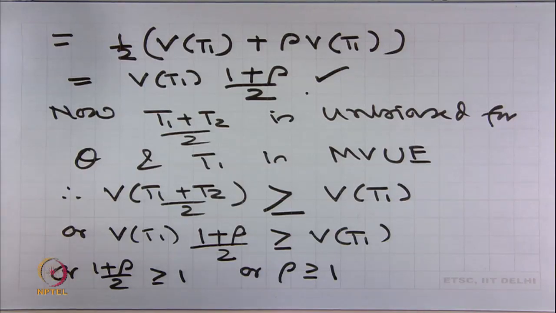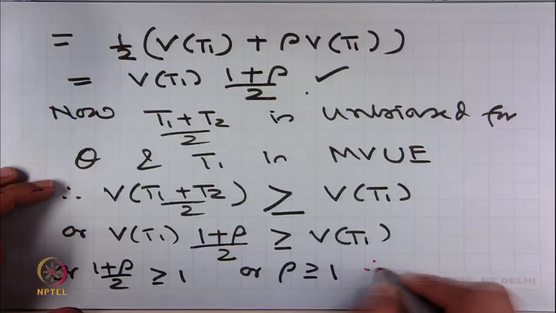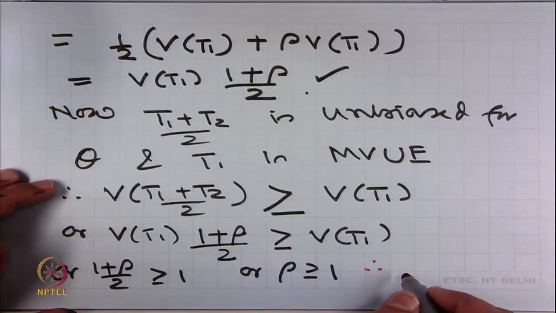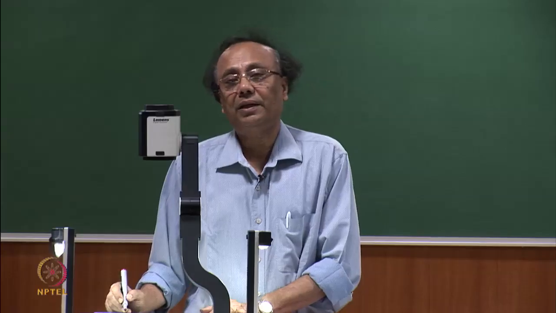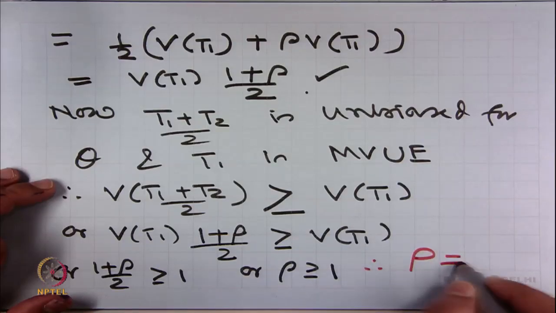And since rho is a correlation coefficient, it lies only between minus 1 and 1, we can say that rho is equal to 1.